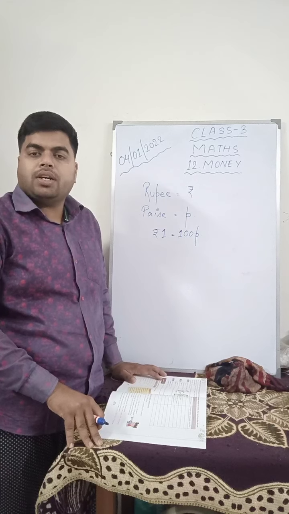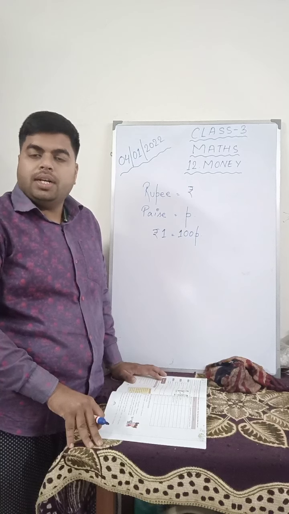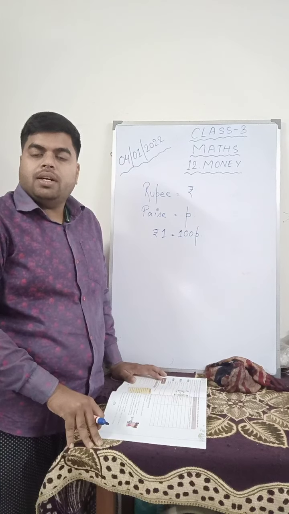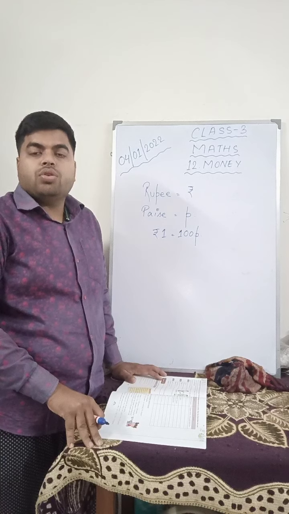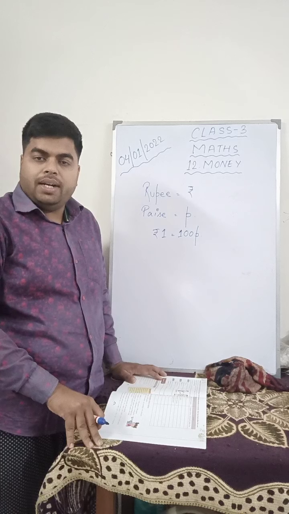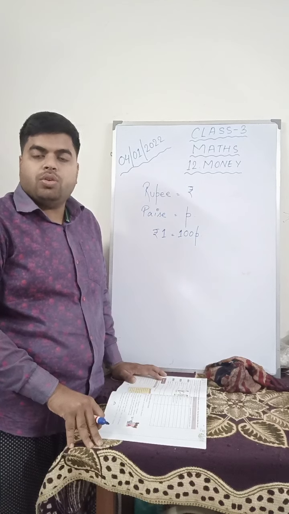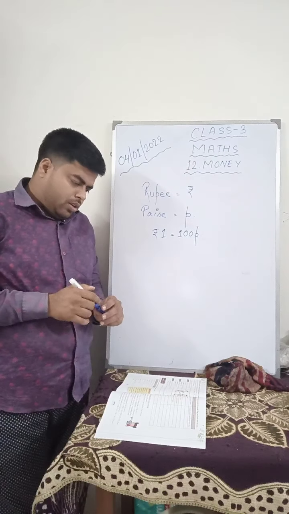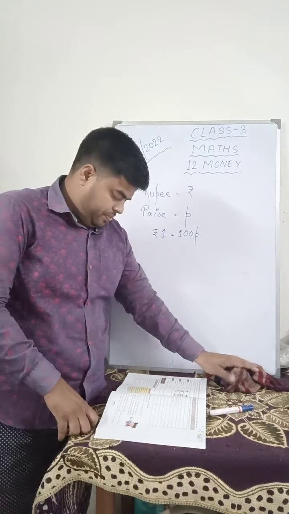If they give you paisa to convert into rupees, you have to divide by 100. Rupees is bigger than paisa, so when you convert from rupees to paisa, you have to multiply, and from paisa to rupees you have to divide. So let us begin with the exercise.